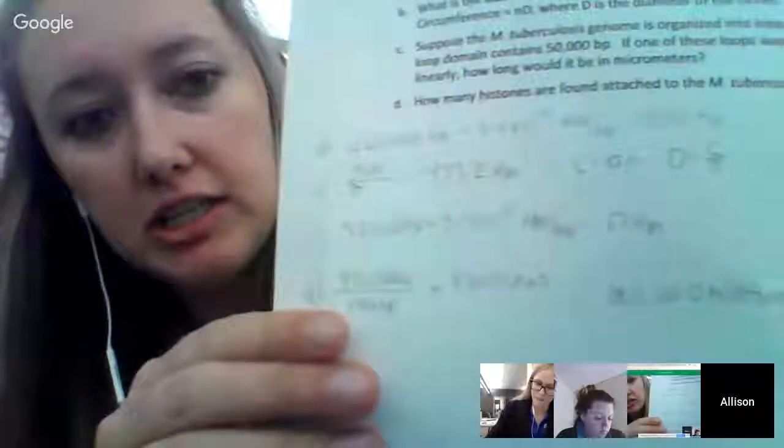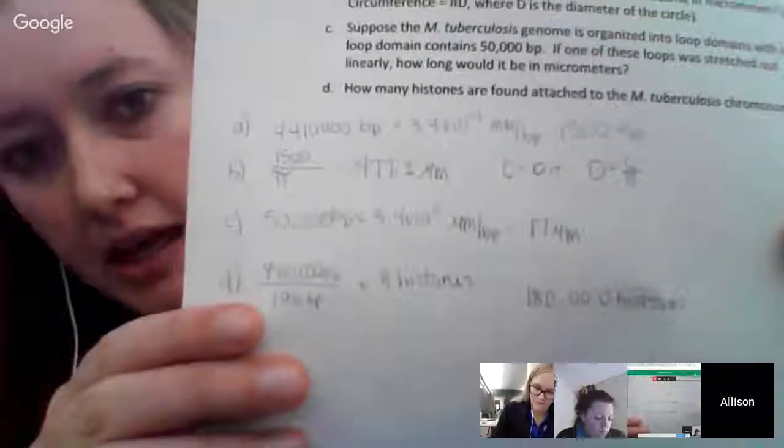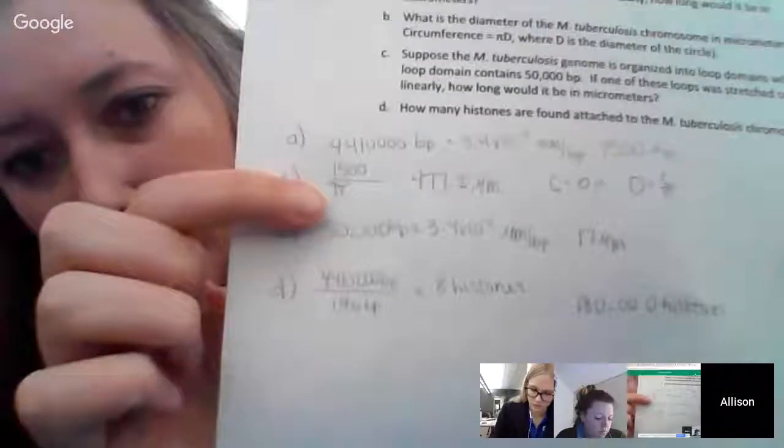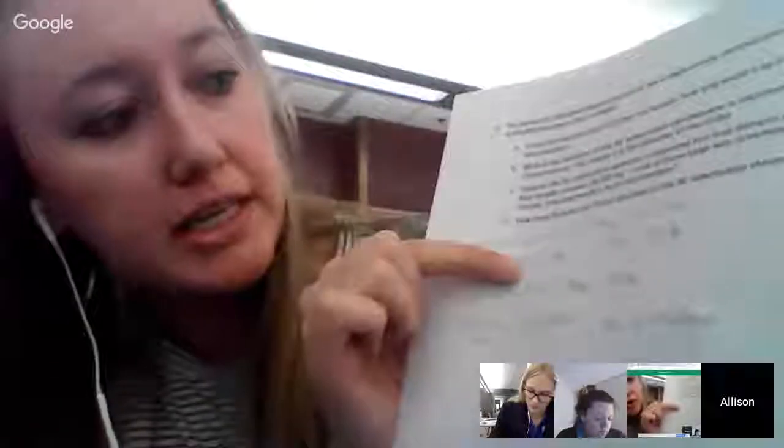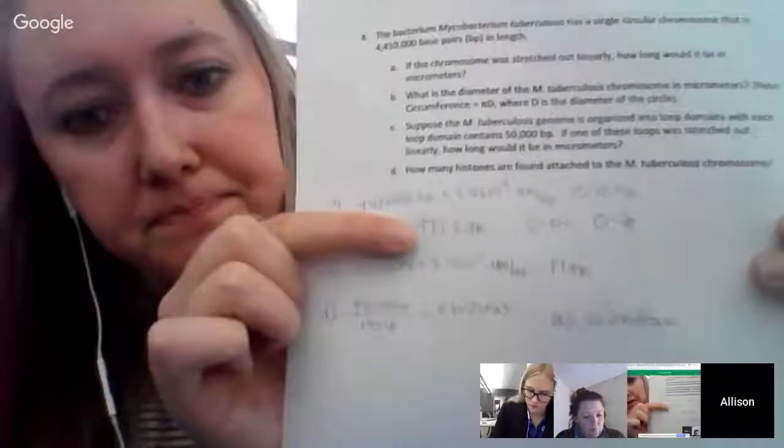So for part B, they wanted to know what the diameter is, and because we just found out how long the chromosome is when it's stretched out, we know that that's the same as the circumference. So we just manipulate the formula given in the question, and we do 1,500 divided by pi, and that gives us our diameter of 477.2 micrometers.